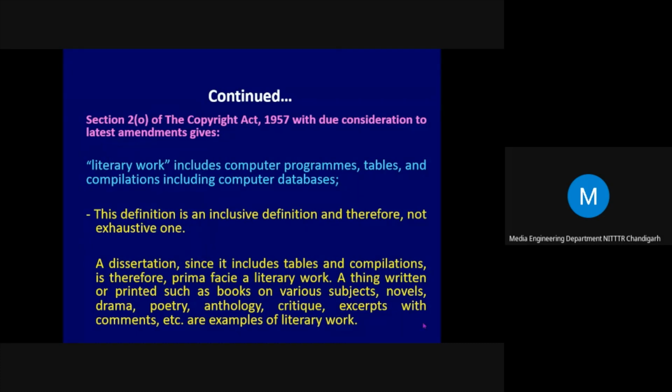This definition is an inclusive definition and therefore not an exhaustive one. It includes, but there may be limitations also. For example, a dissertation, your thesis, since it includes tables and compilation, is therefore prima facie a literary work.